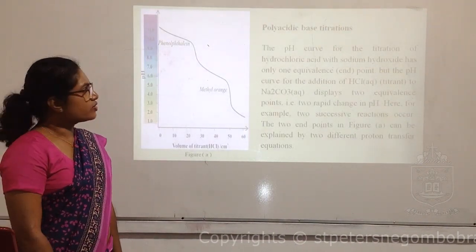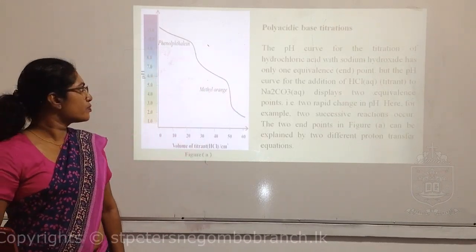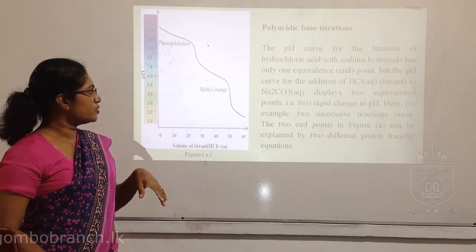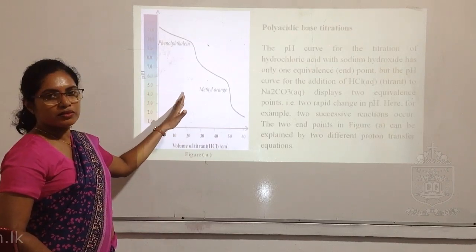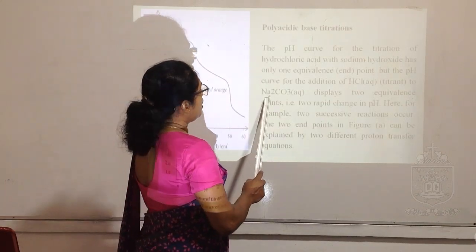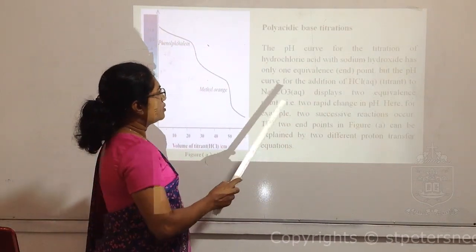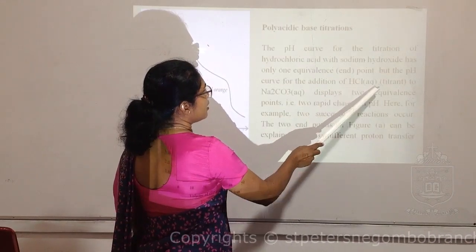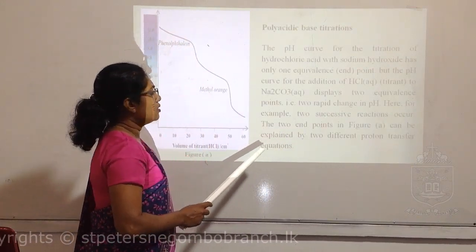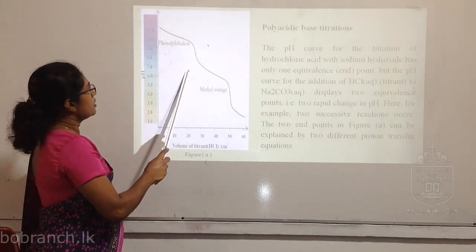Now let's take polyacidic base titration. Here we are going to construct a titration curve, and we use sodium carbonate and HCl as titrant for our titration. Then if we construct a curve, it is like this.